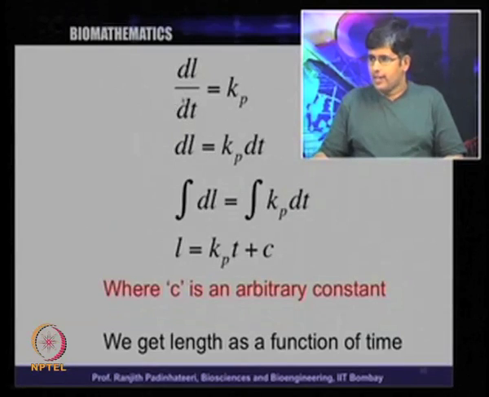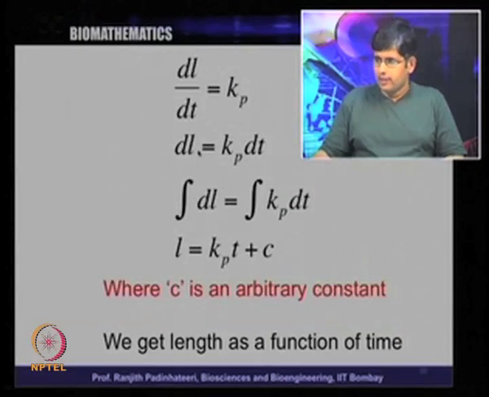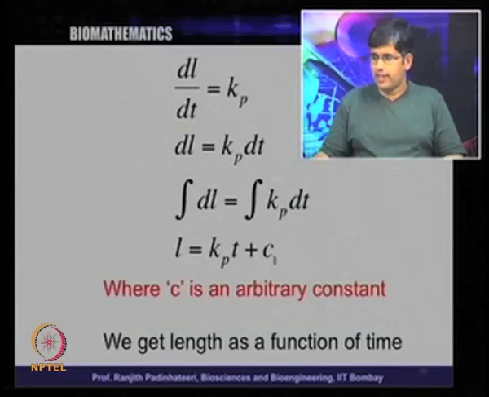As we did in the previous case, we can write dl is equal to kp dt, and you can integrate both sides. So, integral dl is equal to integral kp dt. This immediately tells you that L is kpt plus some constant, just like we said y is equal to mx plus c, where c is a constant, and we get the length as a function of time.